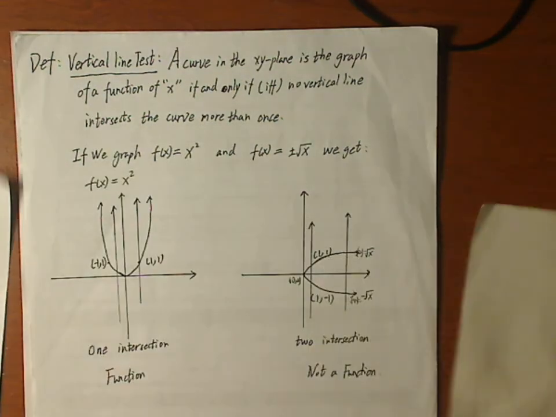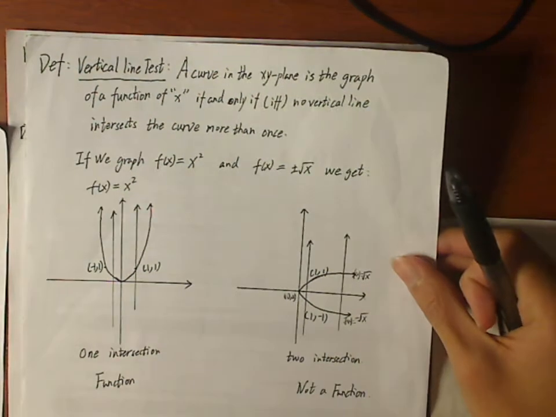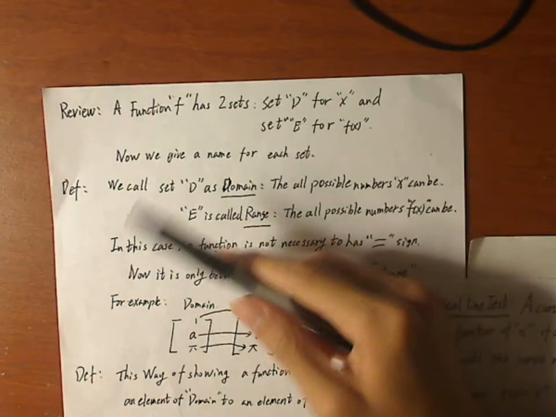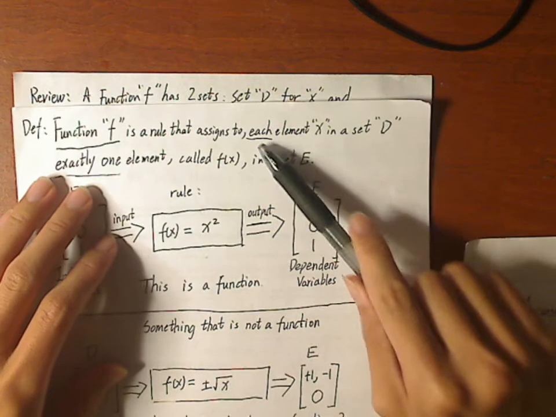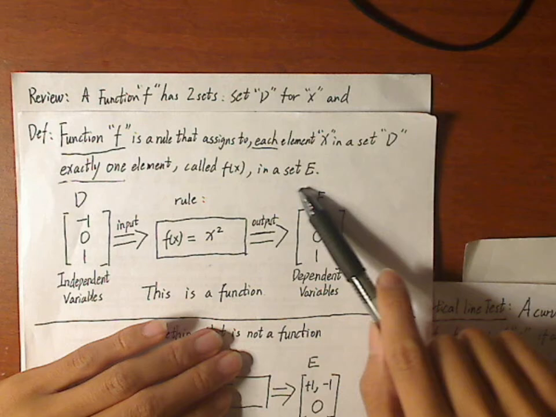Now we have this rule set up. But we also have the two sets we're going to deal with, because the function involves the set D and the set E, right?